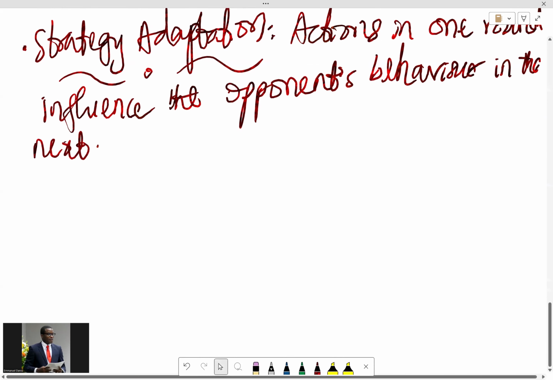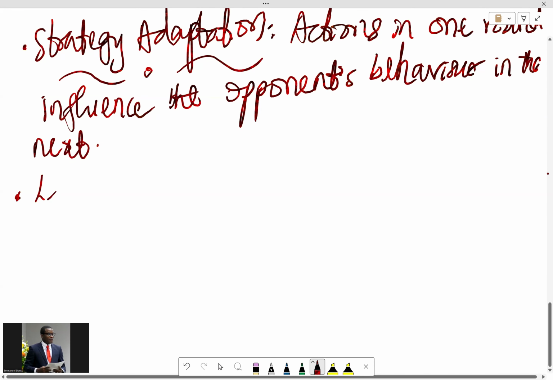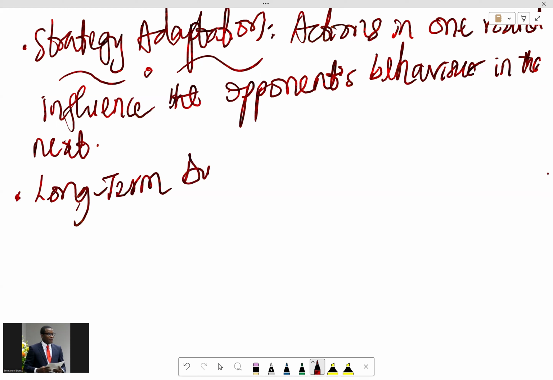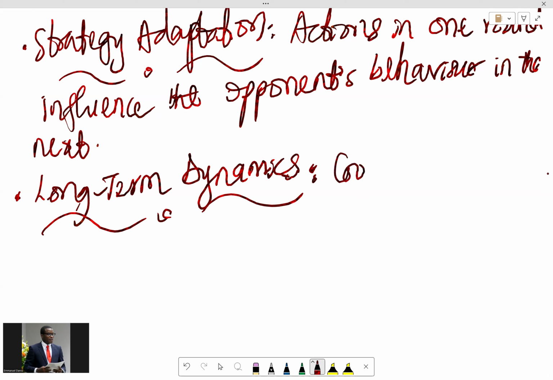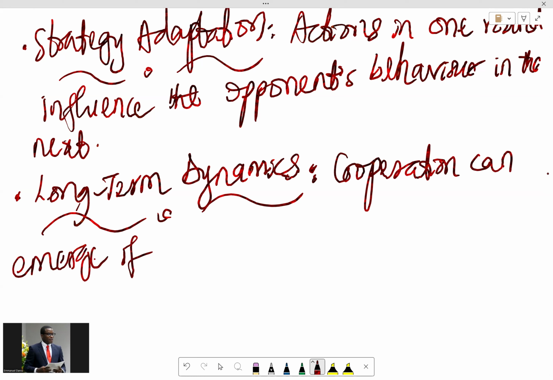Then we also have long-term dynamics. So see that cooperation can emerge if players consider future payoffs.